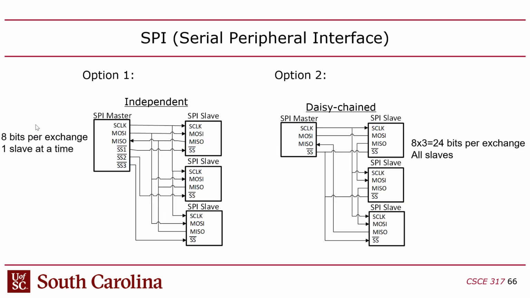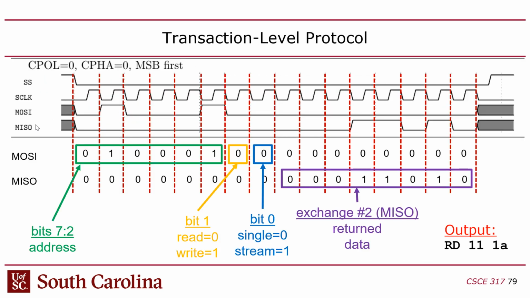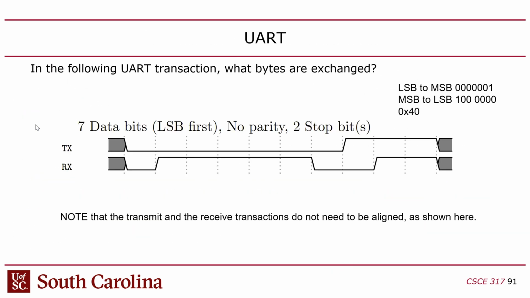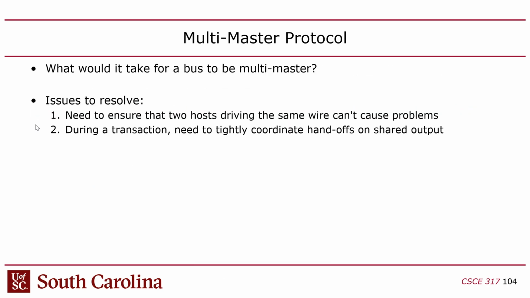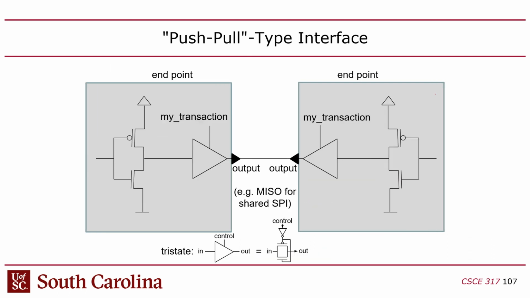And so in order to support the independent approach, the slaves would have to support this notion of using tri-stated pins for their MISO. Normally, when you have an output pin, the output pin of a chip is connected to two transistors.